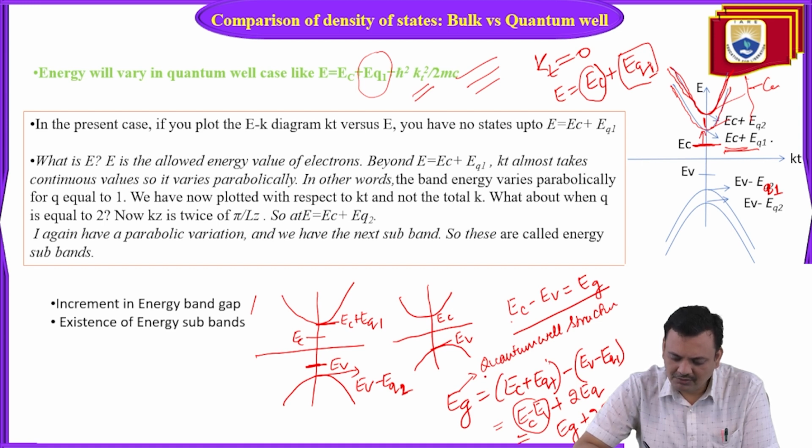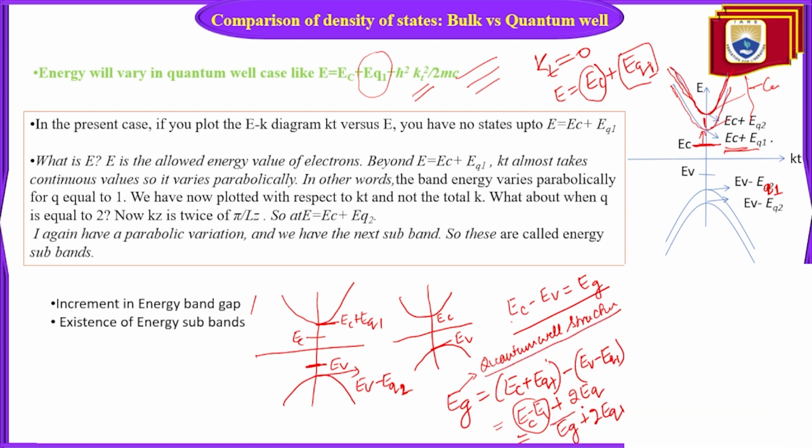The energy band gap value for the quantum well structure is a little bit greater than its bulk counterpart.